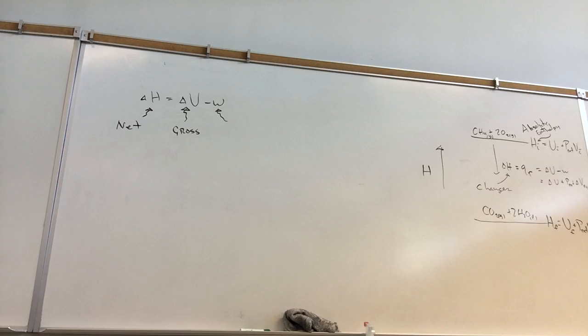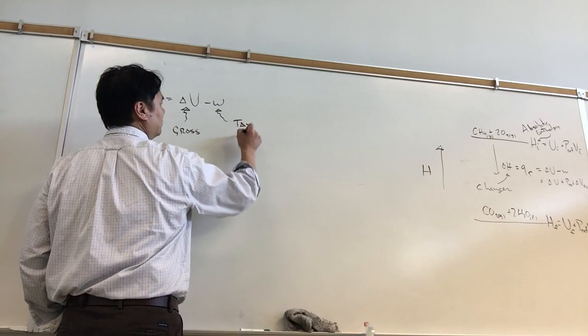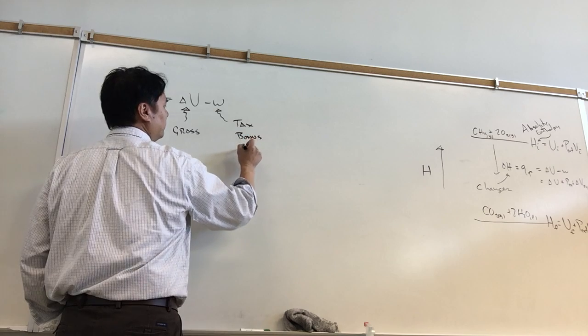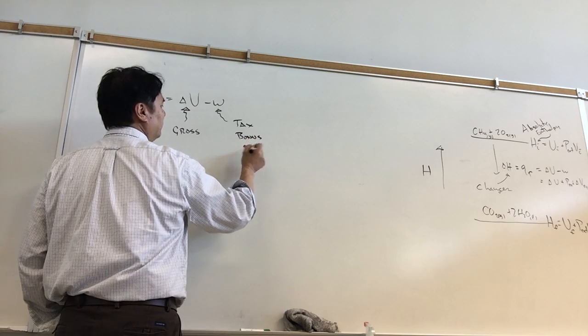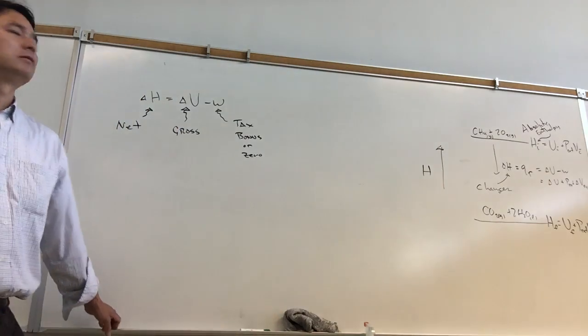We'll just get the full gross amount, and sometimes we get a bonus, and so we can actually get more. And so what W is, it's going to be a tax, bonus, or nothing, zero. There's no tax or bonus.